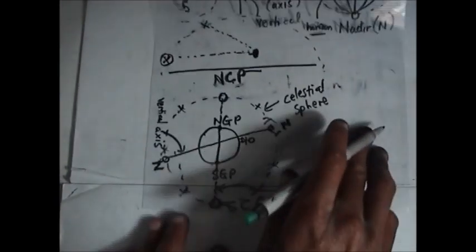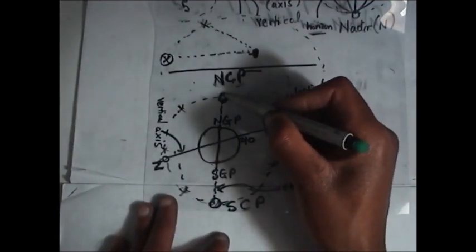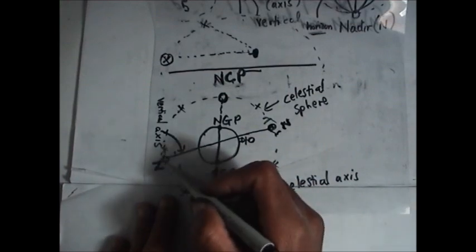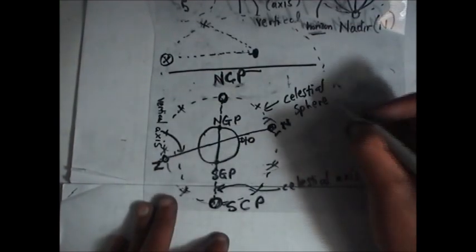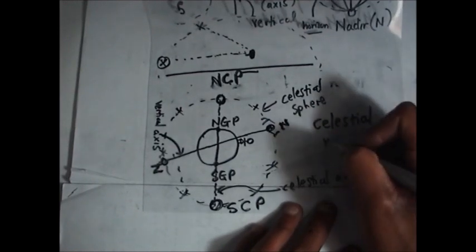So now the circle that passes through the north celestial pole, the zenith, the south celestial pole, and the nadir, is called the celestial meridian.